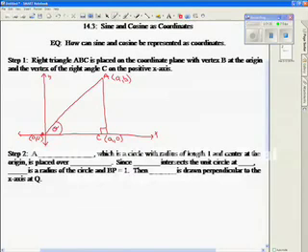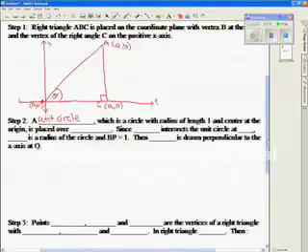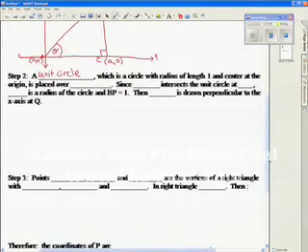All right? Step 2, a unit circle, which is a circle with radius of length 1 and the center at the origin, the point 0, 0, is placed over triangle ABC. Actually, let's draw it before we discuss it.